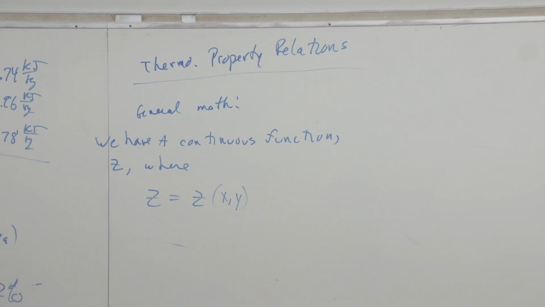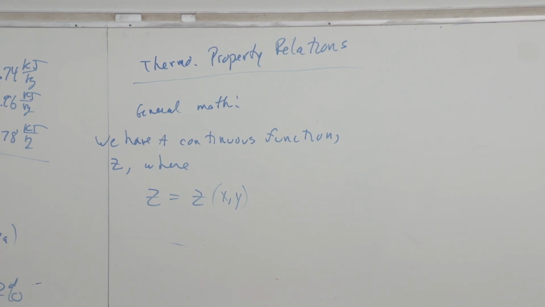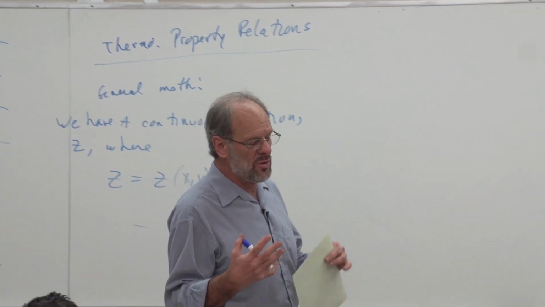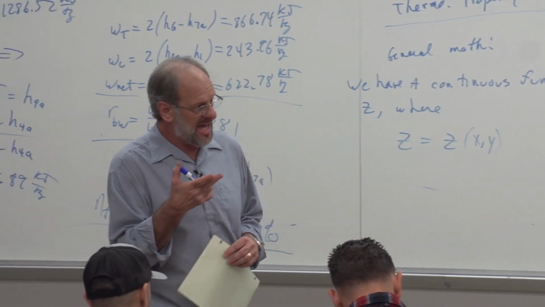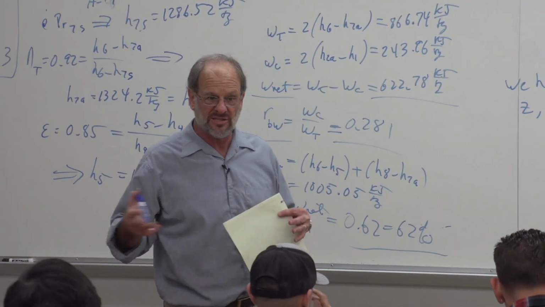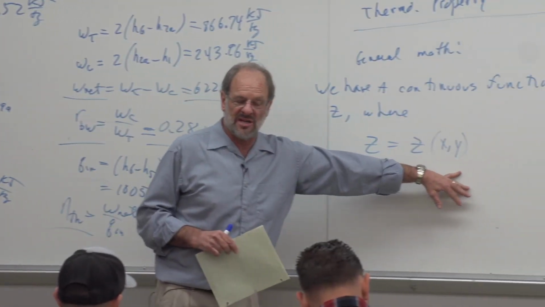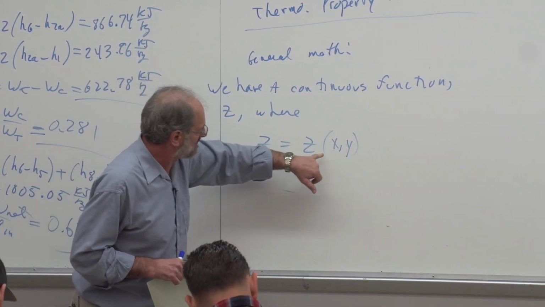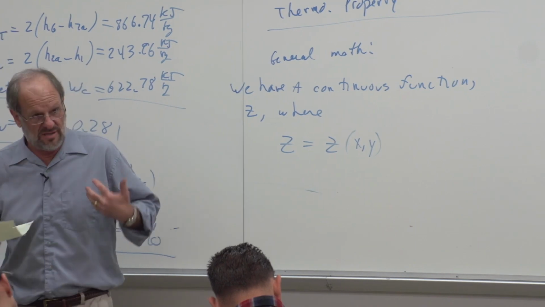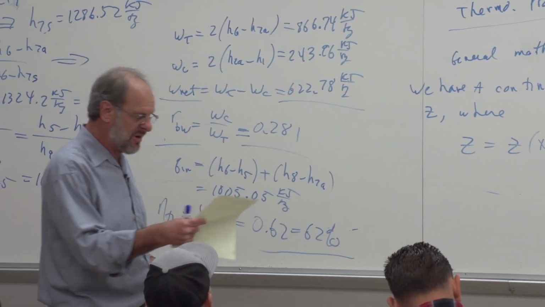Now, can anybody think of what kind of functions we might be talking about here? How about thermodynamic properties? We know that if we know any two independent intensive properties, then that's all we need, and we can find all the rest. Isn't that just a statement of the thermodynamic properties, that any one property is simply a function of any two other independent intensive thermodynamic properties?